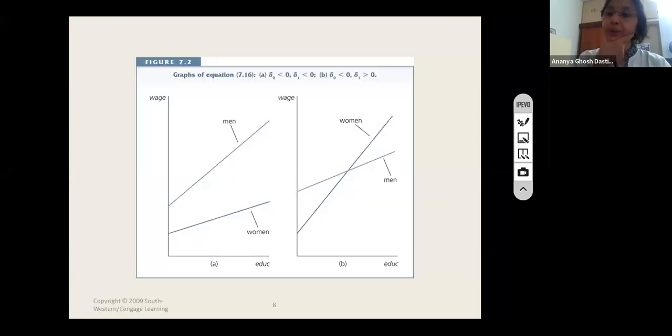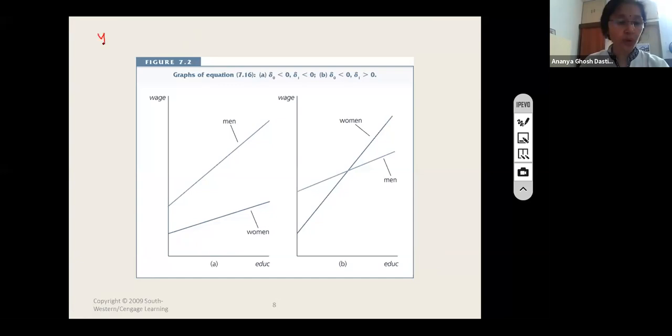That is completely possible. In that case, you will have to include what is known as a dummy interaction term in your model. So if you want to allow for this case, what is the kind of model that you will have to estimate?